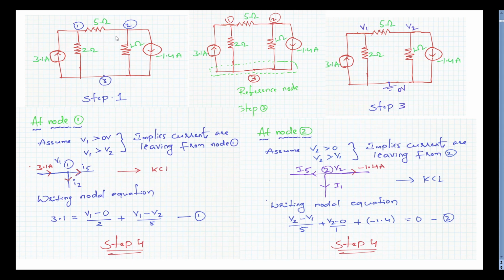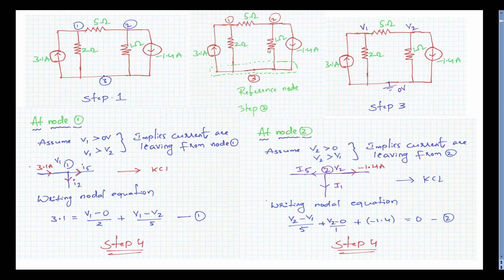This is step 1. You have to identify the number of nodes in a circuit. I already defined what a node is: it is a point at which 2 or more elements are connected. So this circuit has 3 nodes. Now what is step 2?